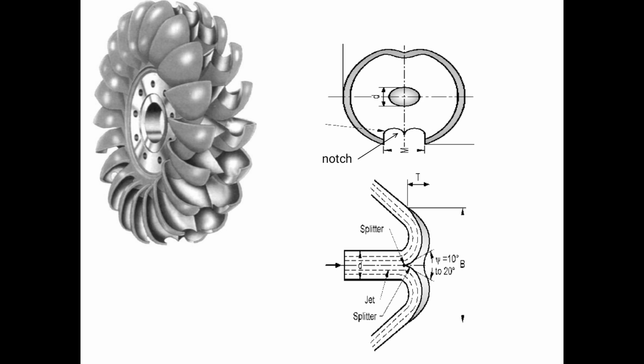So the splitter provides splitting of the jet. Then there is a notch provided at the bottom of the bucket, and you can also see it in the image. The notch is provided so that when the runner is rotating, it will not allow the jet to strike any bucket other than the one it is required to strike.